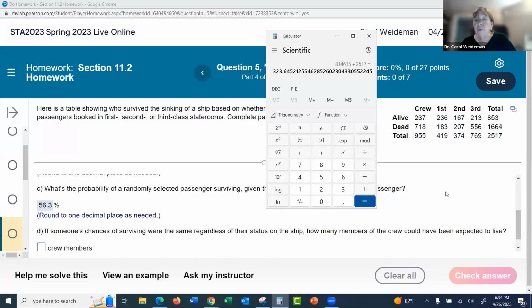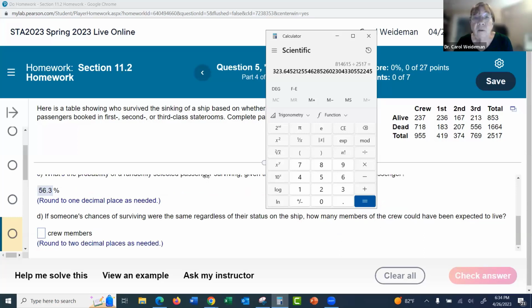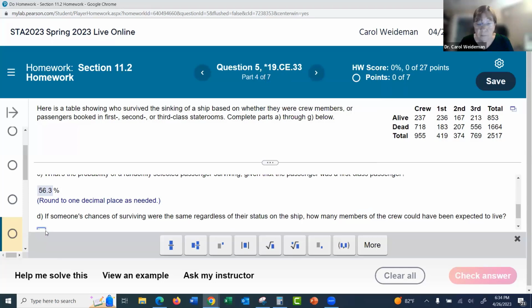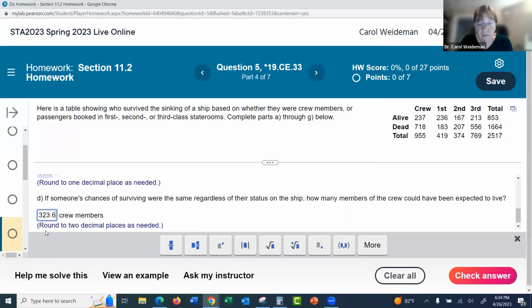So if the two were independent, we would expect to see in this crew cell for alive about 324. How many decimals do they want here? Two decimals. So 323.65.